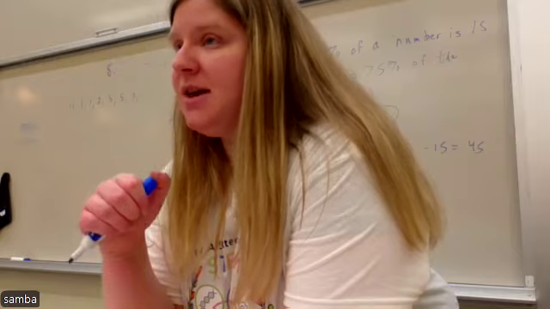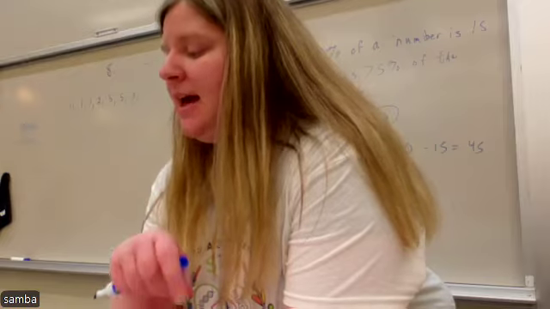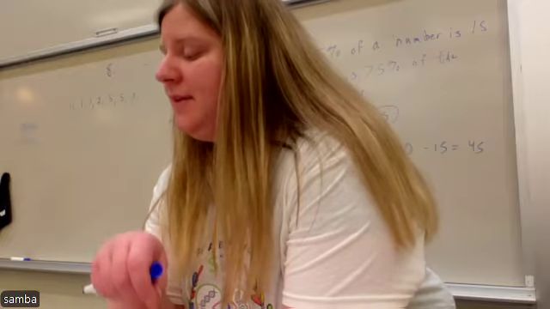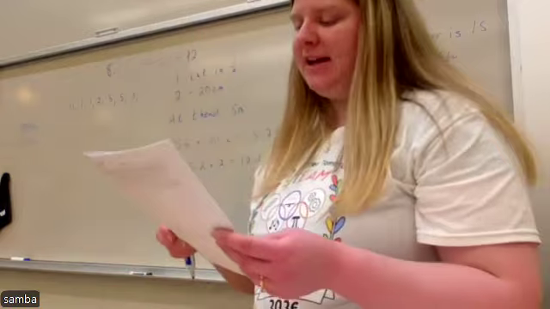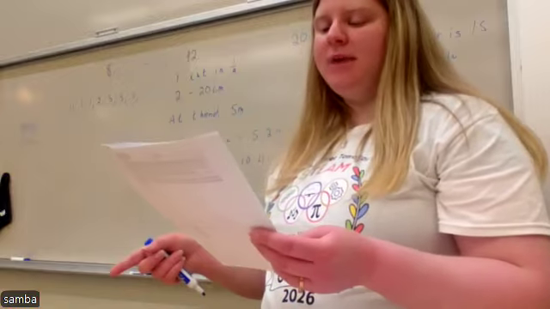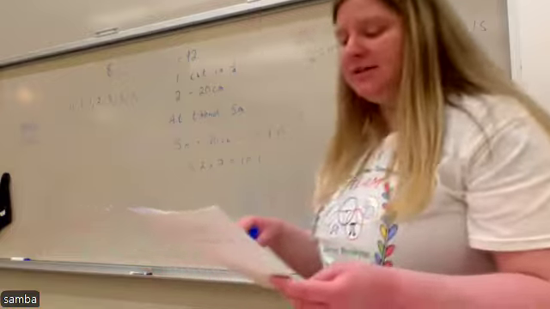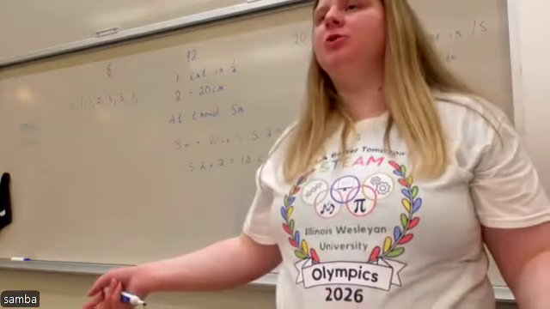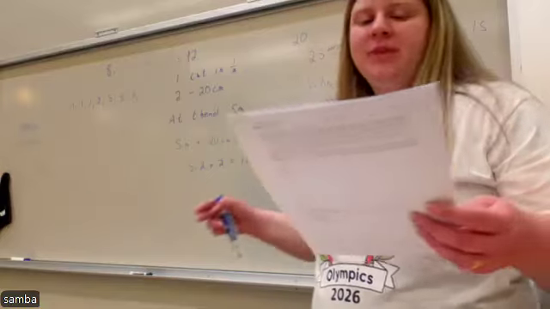A cup of grapes costs $1. A cup of blueberries is only 50 cents, and a cup of raspberries $2.50. She wants to have at least 1 cup of each fruit, and she also likes grapes more than blueberries. So she wants to have 2 times as many grapes as blueberries, because otherwise you just do all blueberries and you get as many cups as you wanted, right, with the $10.